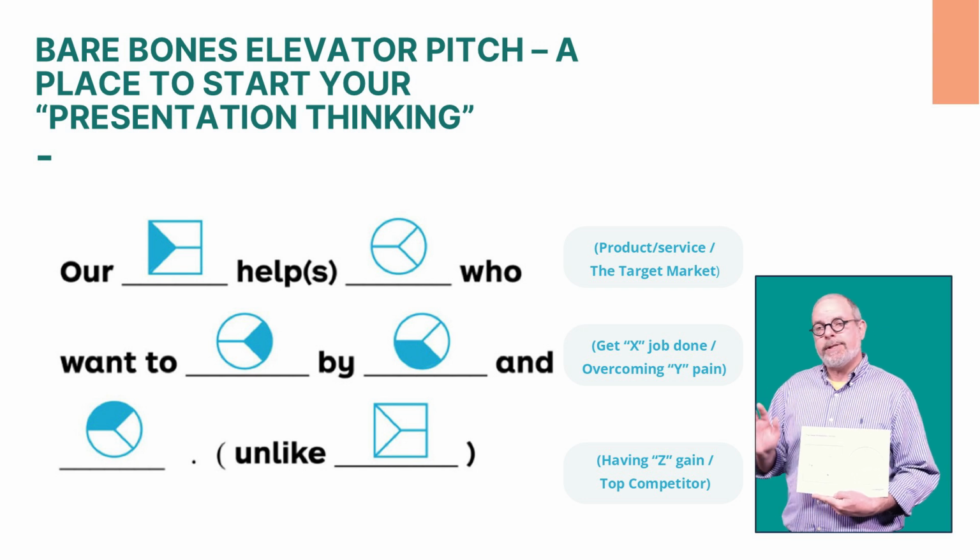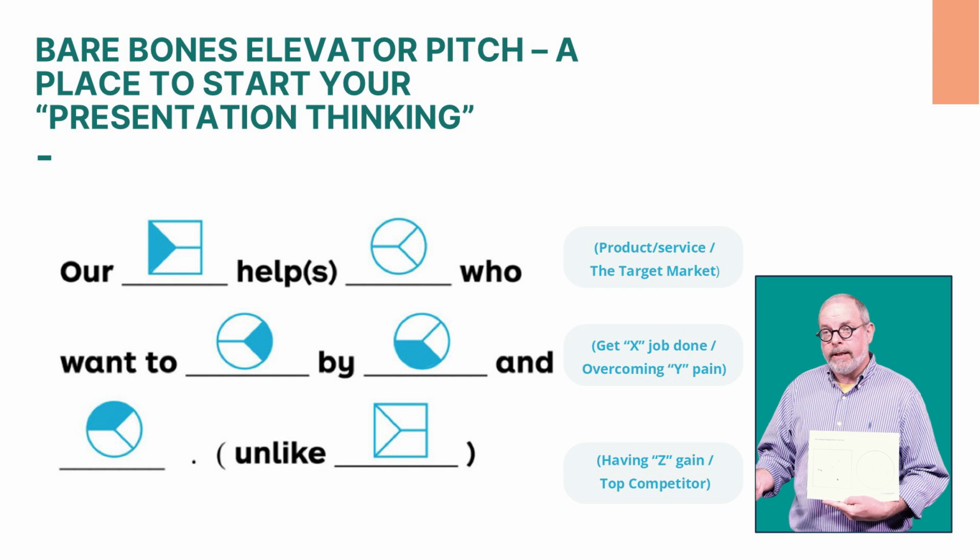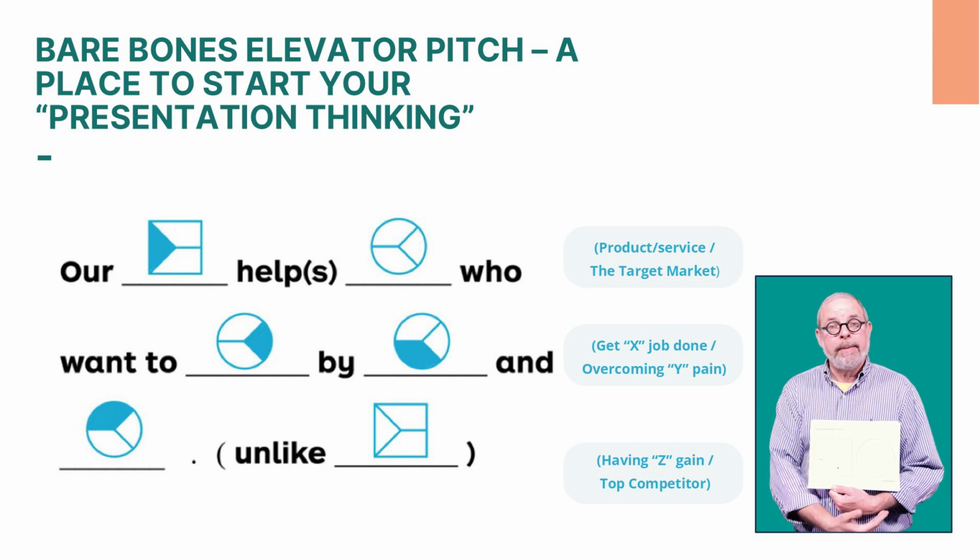That's a very simple sentence construction to help start your presentation thinking and have a simple elevator pitch that you can use conversationally. It's a great starting point for using this value proposition canvas to create a simple sentence structure that incorporates all the persuasive pieces of the canvas.